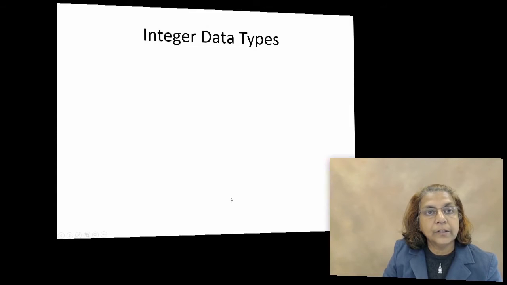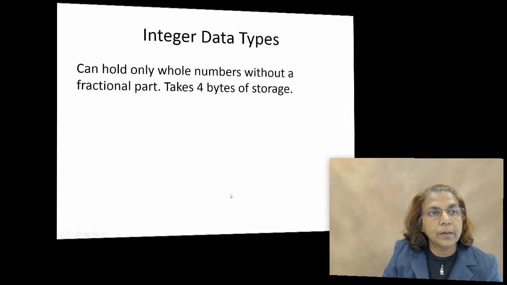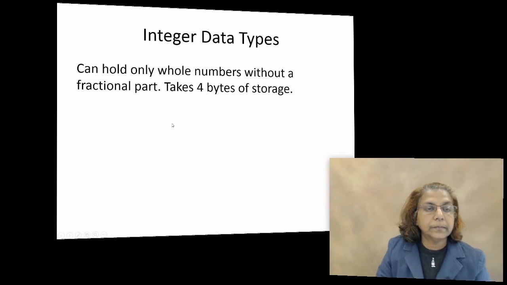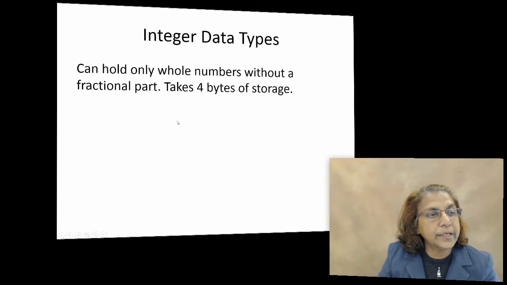So let's talk about some data types which are supported in C++. Let's talk about integer data types first. We all know already integer can hold only whole numbers without a fractional part. And the common integer data type occupies 4 bytes of storage.